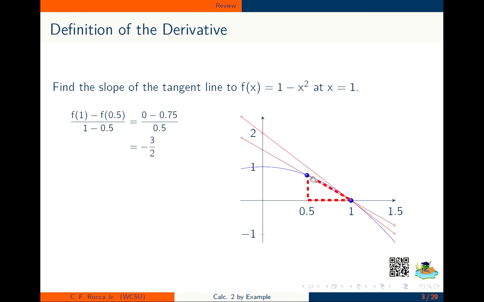If we move the second point closer to the point we're interested in, we get a slightly better approximation. Again, I use the difference quotient to find the slope of the secant line, and I get -3/2, which is closer to the slope of the tangent line.